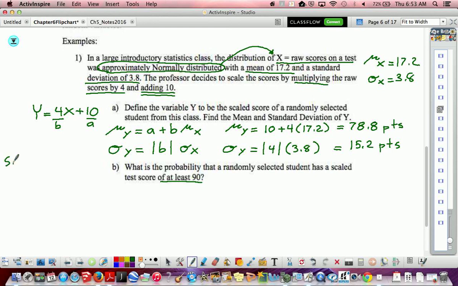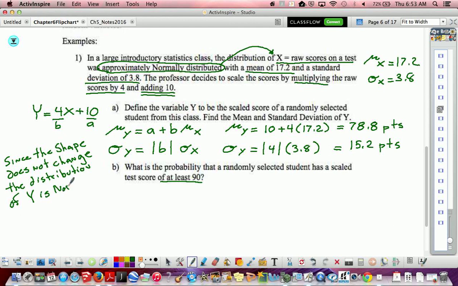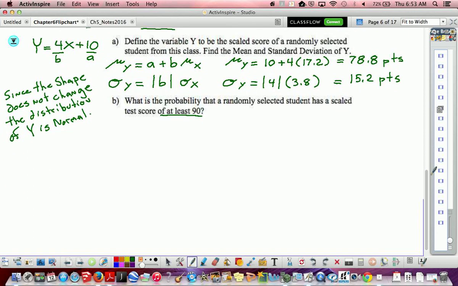Okay? So since the shape does not change, the distribution of y is normal, or at least approximately normal. So I can treat this problem like a normal distribution.